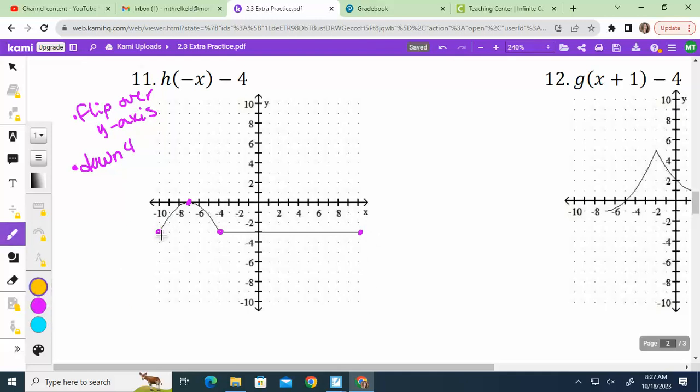If I flip it over the y, it's changing the sign on the x. So this point will go to +10, and then we go down 4. Watch it. So we have -7, 0. If we flip it, it goes here, down. So we flip, and then down 4.